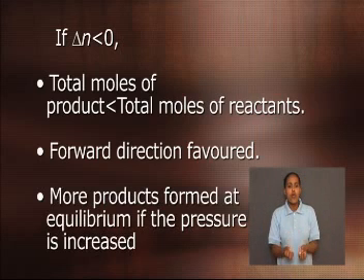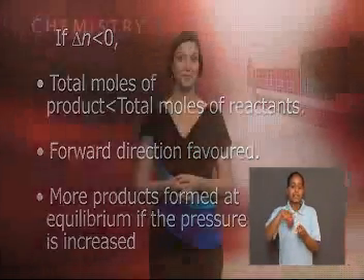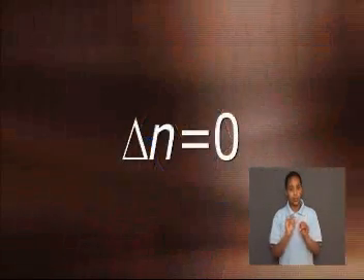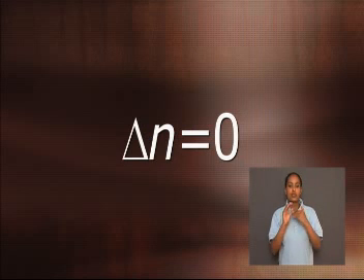More products will be formed at equilibrium if the pressure is increased. If you mentioned any of these results, good job! Let us continue. If there is no change in N, then there is no effect on the position of equilibrium.